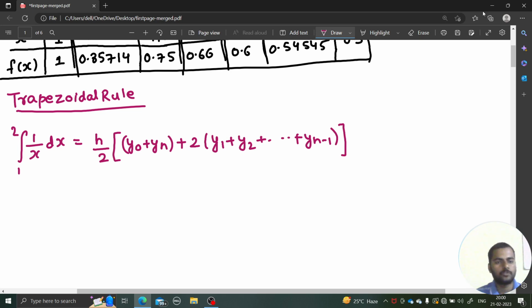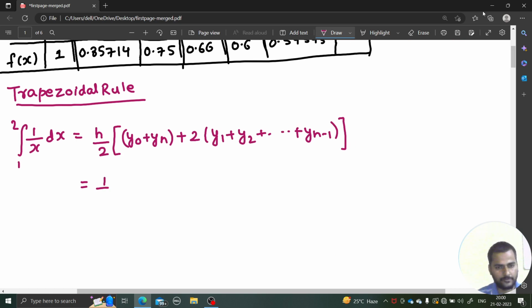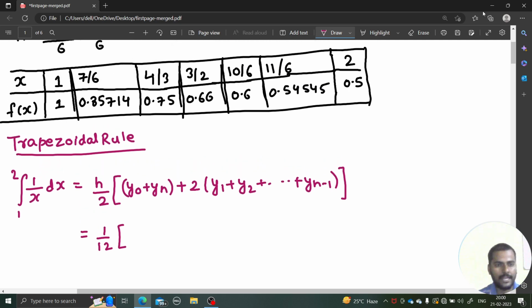If I use this, h was 1/6, and half of that will be 1/12. And these y0 and so on are the values of the function, starting from here. yn is the last value, so this is y4, this is y5 and y6. So you'll add the first and the last value.